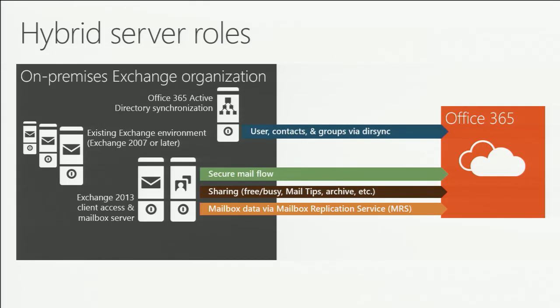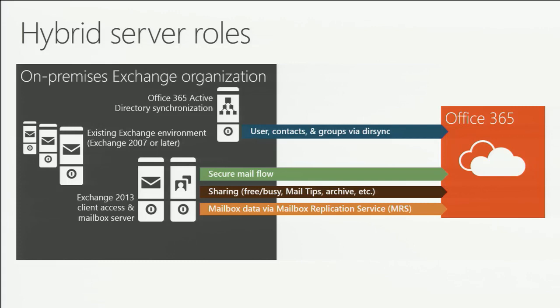They should be able to see the entire organization, whether they're on-prem or whether they're online. DirSync is our tool of choice for replicating your on-prem Active Directory environment to Office 365. You could use other tools as well. For some of our organizations, FIM is required. We'll explain a little more later in the session.